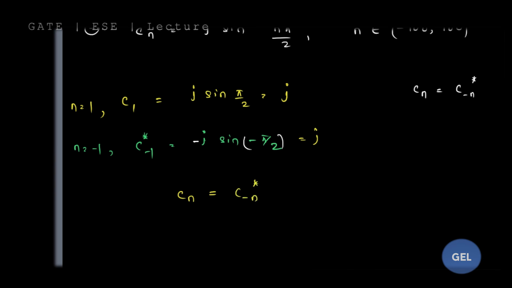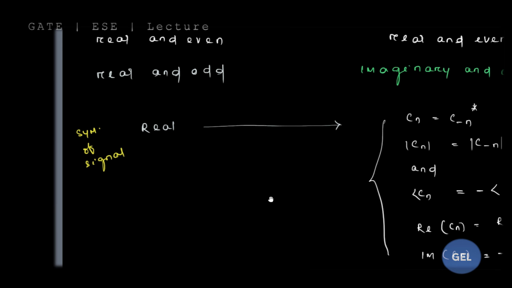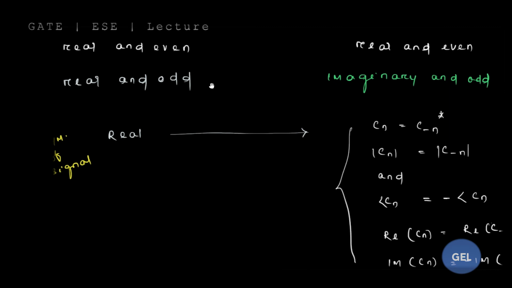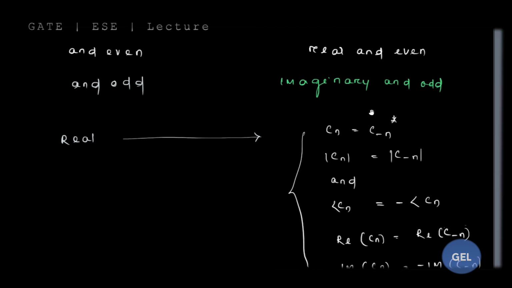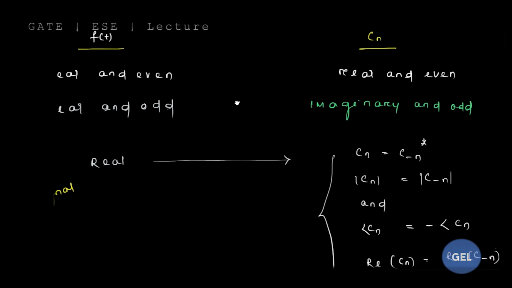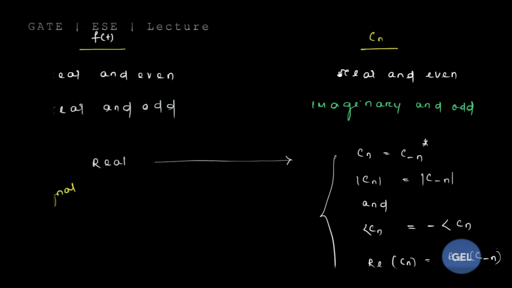So this condition is satisfied, that is, f of t, listen carefully, is real and odd. For f of t real and odd, cn is giving you imaginary and odd. In the previous case, f of t was real and even, for which cn was real and even.